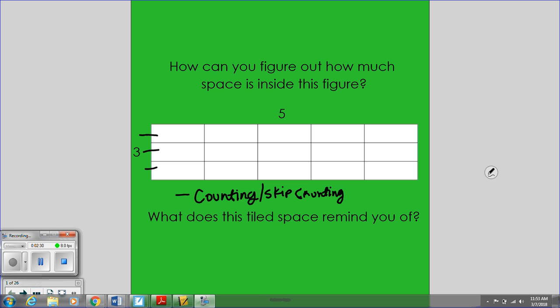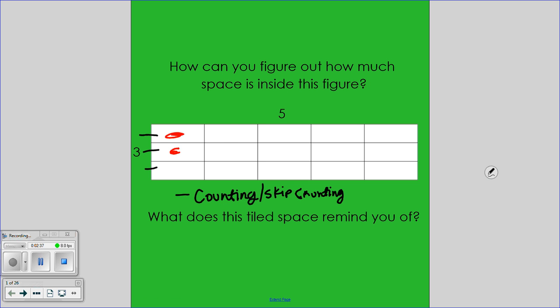It reminds me of an array. Do you see the array? If these were dots instead of squares, would it look more like an array? Yes. That is exactly what it is. This is just another version of an array.